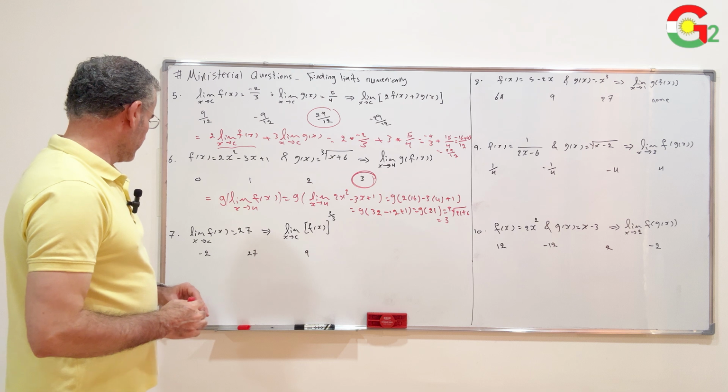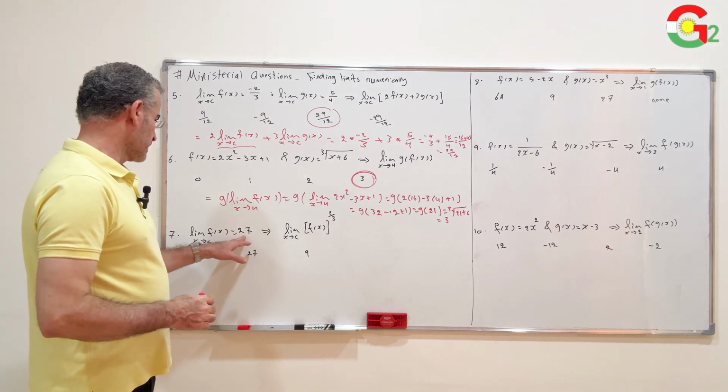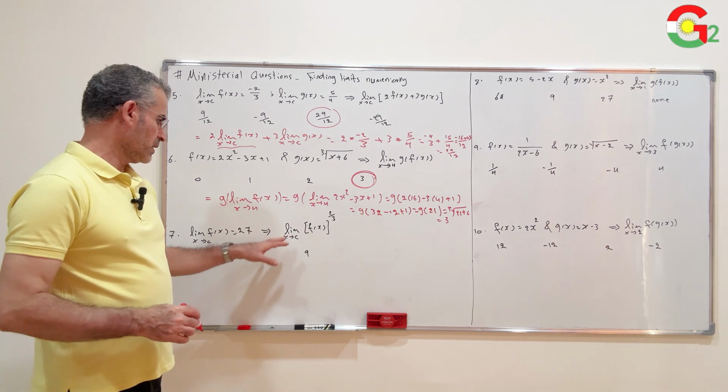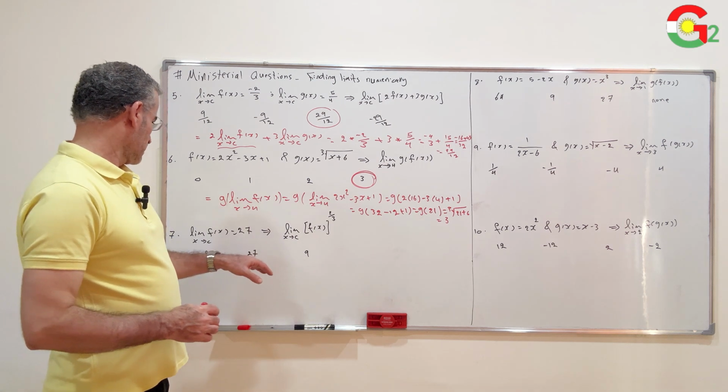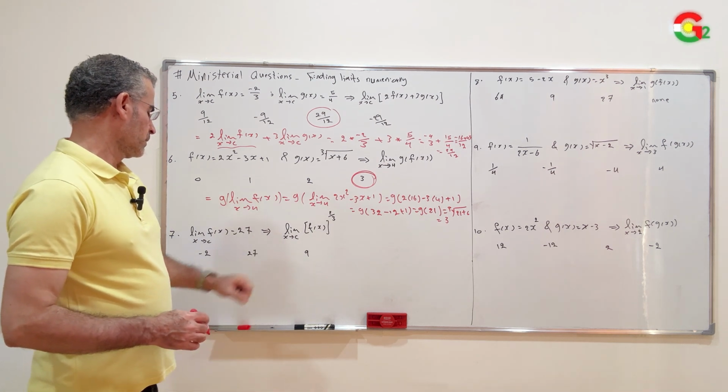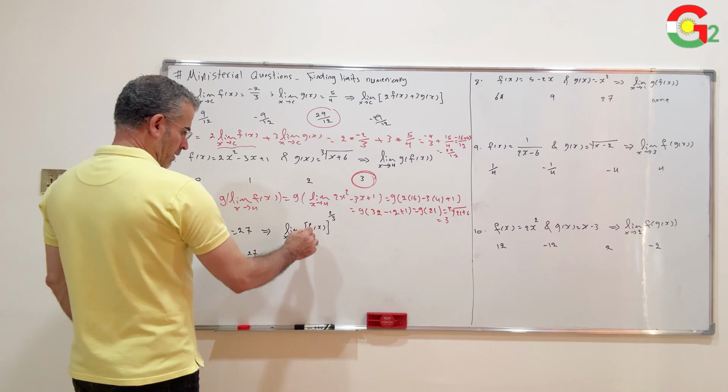Question number 7. The limit of f of x is 27 when x approaches c. Find this limit.